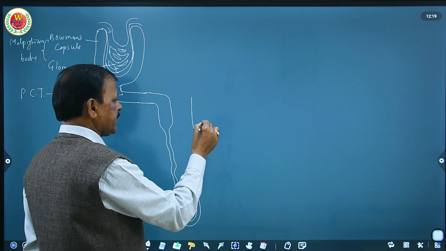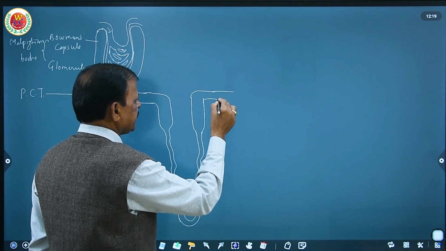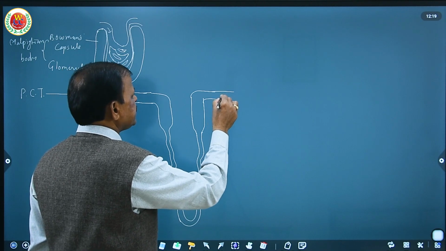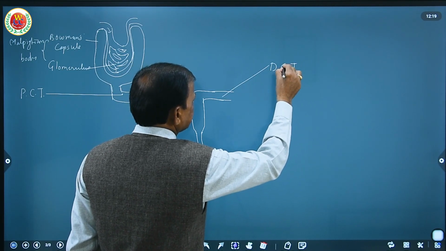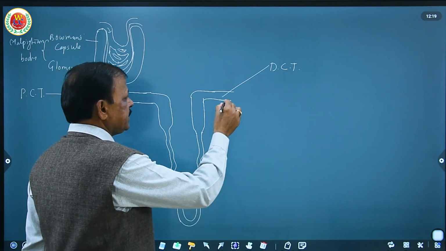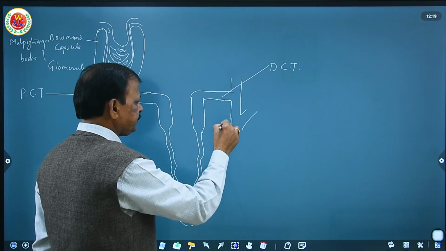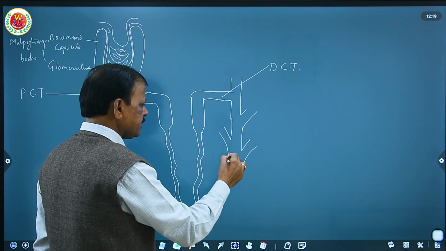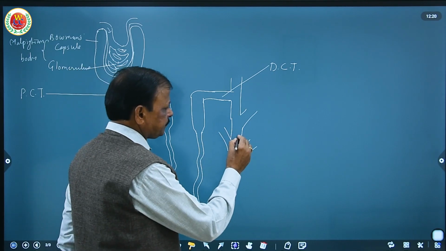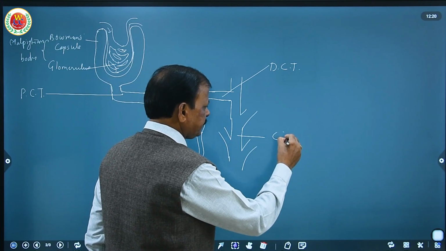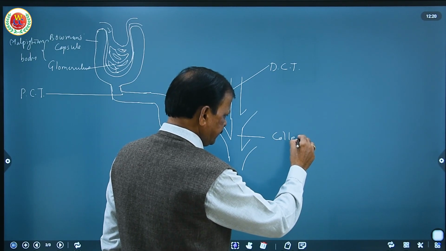It is slightly broader towards the cortex region, and here it is continued with the DCT, the distal convoluted tubule. This distal convoluted tubule opens into the collecting duct. So the collecting duct receives the openings of DCTs.